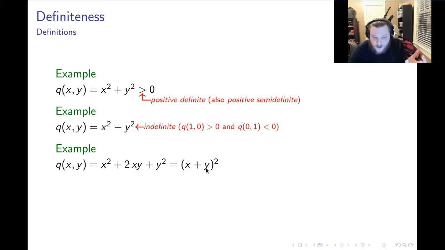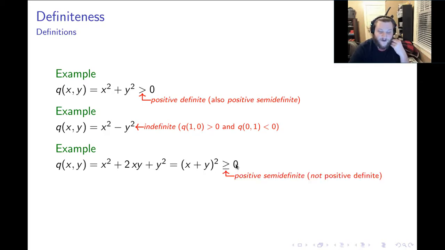The quantity x plus y squared is always non-negative, greater than or equal to 0, which means that this quadratic form is positive semi-definite. However, it is not positive definite because it is certainly possible for it to equal 0 when we don't plug in the origin. If y equals negative x, this will always equal 0. So this is an example of a positive semi-definite quadratic form that is not positive definite.